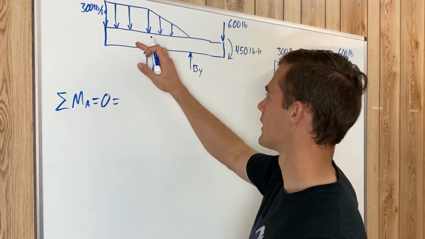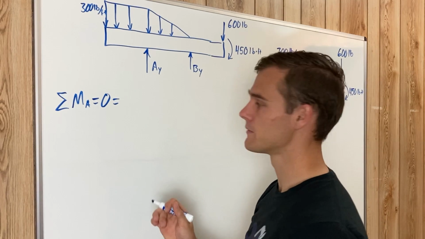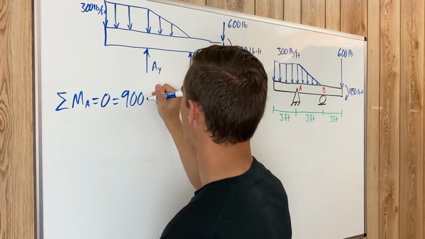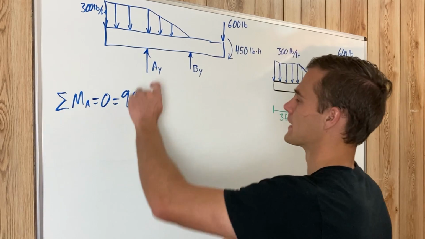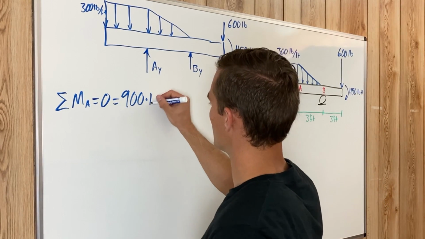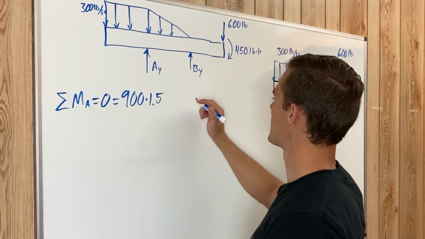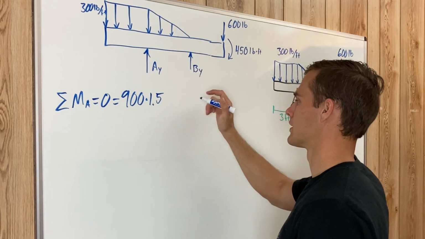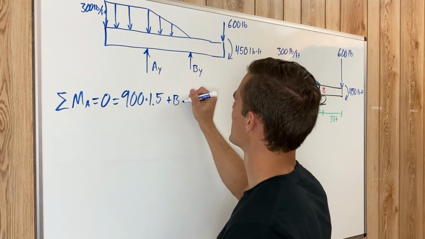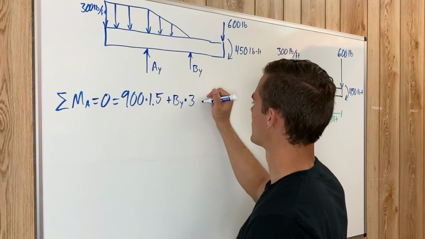It is going to cause counterclockwise rotation about point A. We'll say that's a positive moment, so positive 900 multiplied by its center of gravity, 1.5 feet away from A. Then we have B sub y, which is also going to cause a counterclockwise rotation, which we said was positive, so plus B sub y times its distance, which is 3 feet.